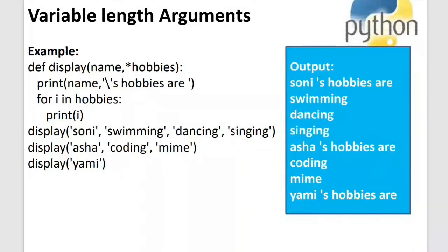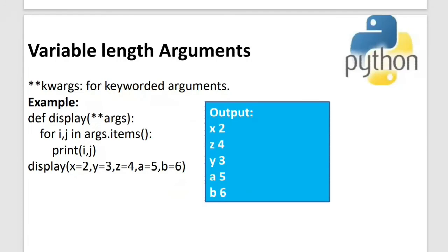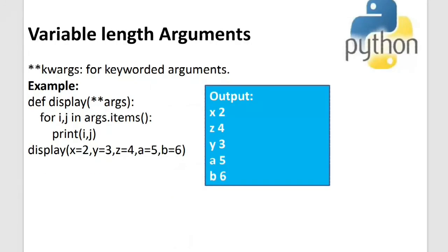They are normal arguments. When you want to pass variable length arguments to a function, you will just put a star before the argument name. But in this particular example, I am passing keyword arguments. I'm representing them as kwargs or keyword args. So just look at this program.